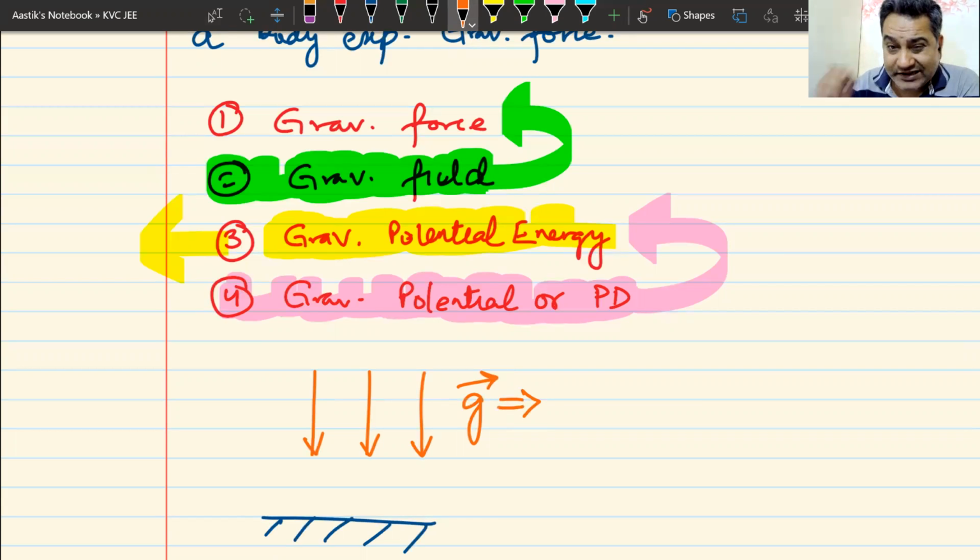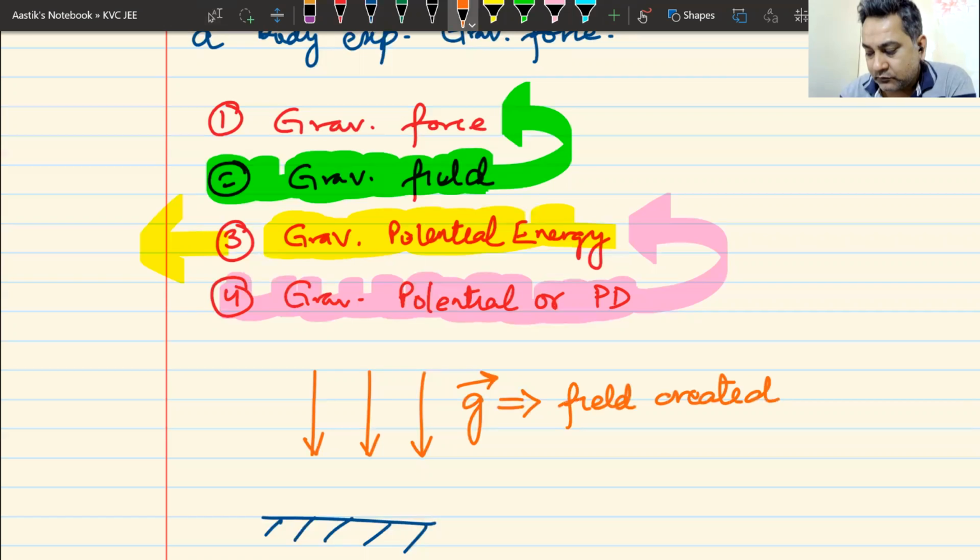Remember, gravitational field is a vector quantity. This G vector is the gravitational field created by Earth. It is vertically downwards. Nothing happens here. There is only the field created by Earth.